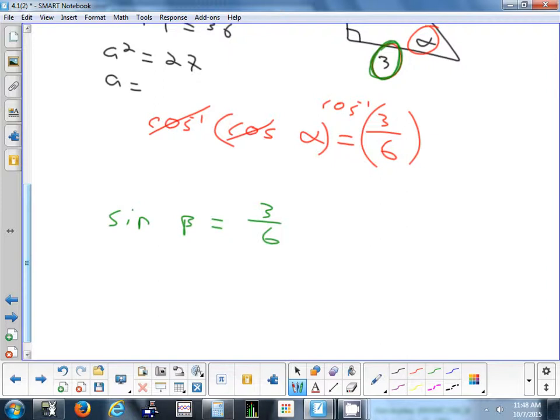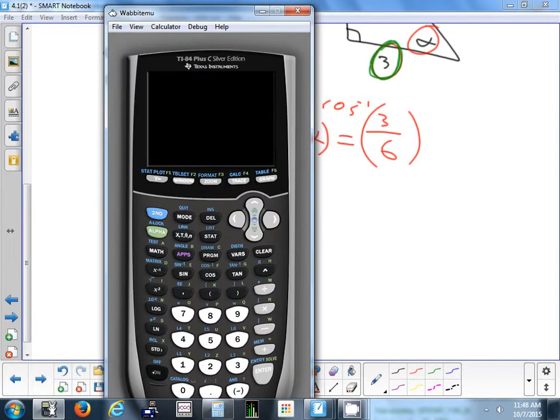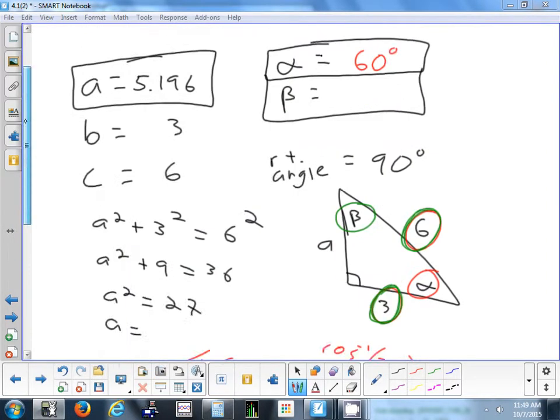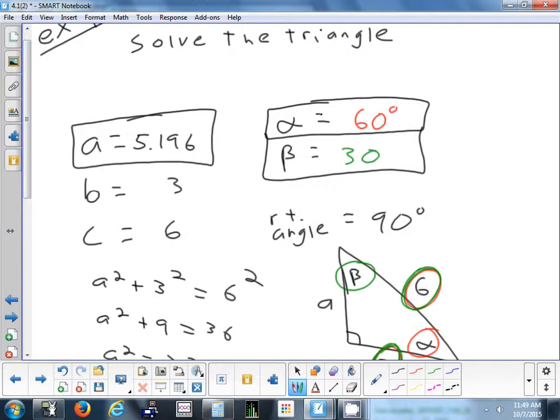Take the inverse sine of each side. Inverse sine of 3/6. If you type that in, what do you get? I got 30, yeah. Inverse sine of 3/6, 30. Which is exactly what we thought we should get.